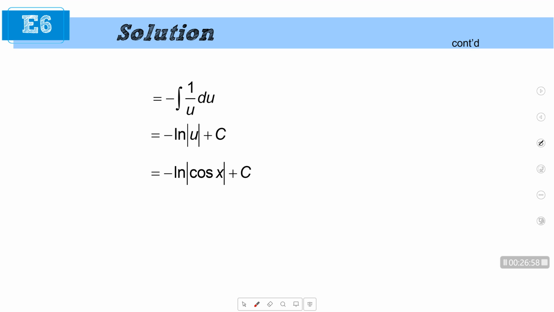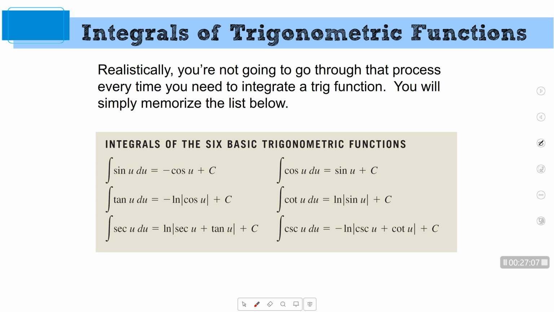Again, you're probably not going to derive these every single time. And most of you have succeeded at being good memorizers, so realistically speaking, you're going to memorize the rest of them. They all come from the same thing. Cotangent is done by writing it as cosine over sine, picking a u, working it out. Secant is 1 over cosine. You go through, you do all that fun stuff, and you end up with that mess.